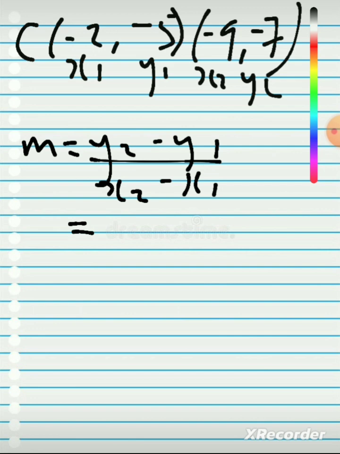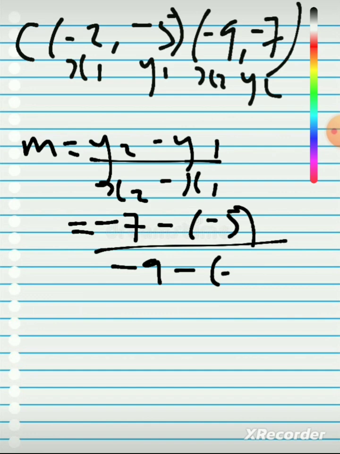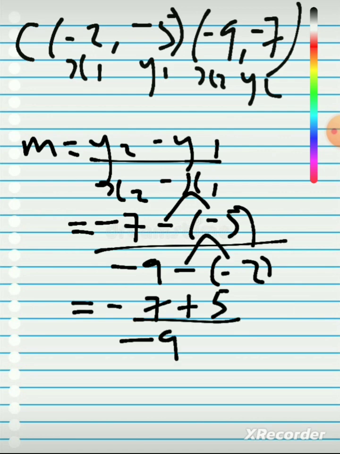So y2 is -7 minus y1 which is -5, over x2 which is -9 minus x1 which is -2. So -7, negative times negative is plus 5, over -9, negative times negative is plus 2. So -7 plus 5 is -2.